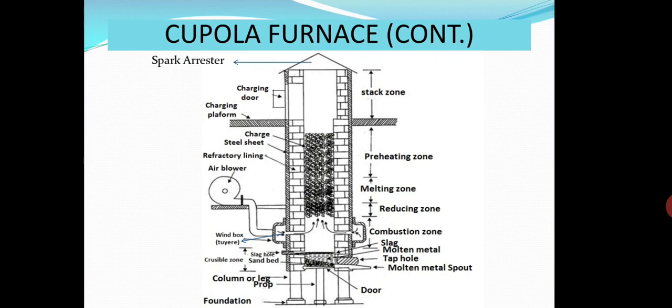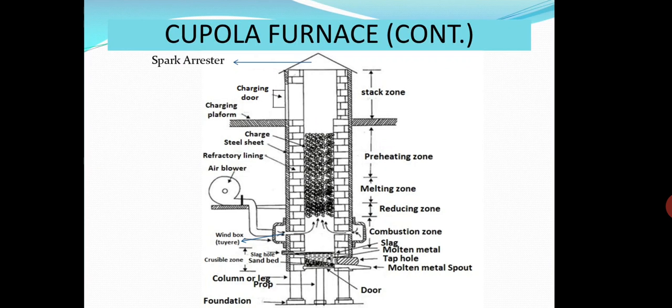So you can see this furnace is raised on the foundation. This column or leg supports the cupola furnace. At the bottom there is a door. This door can be opened.